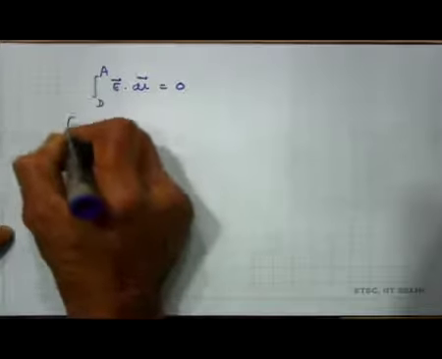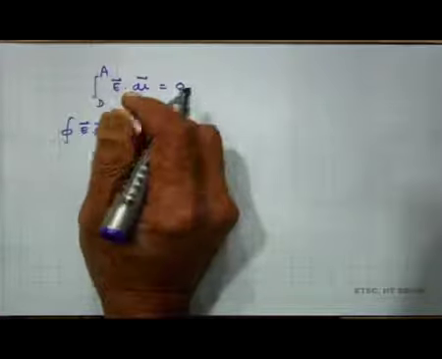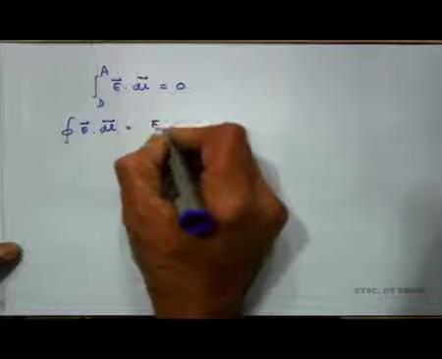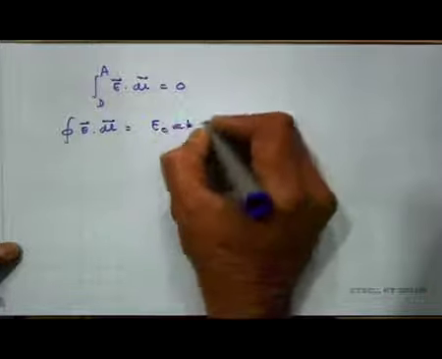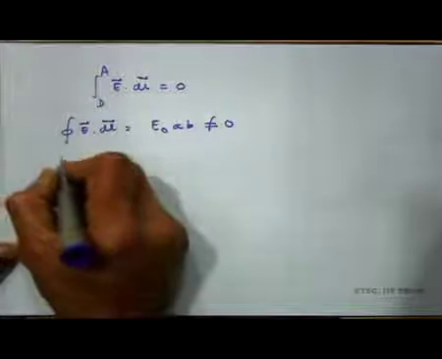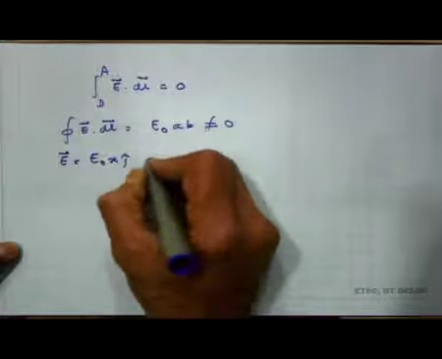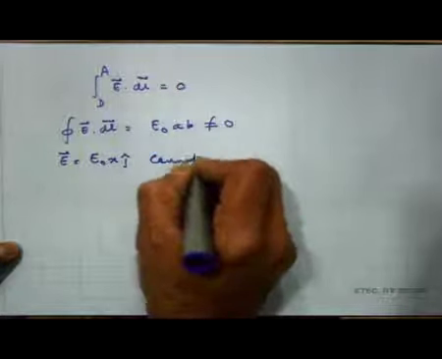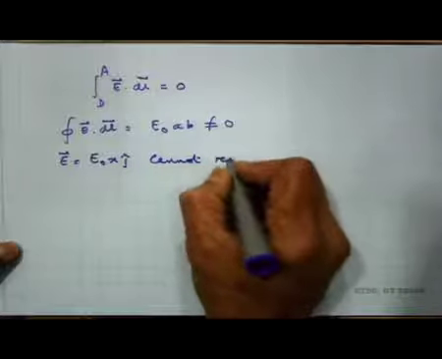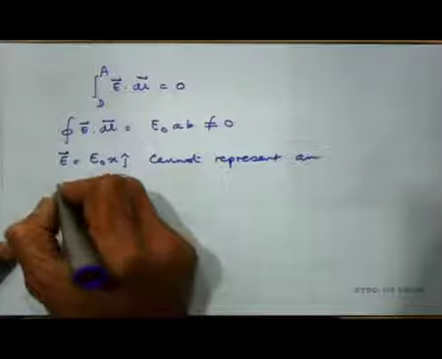So, what I have been able to show is that the integral of E dot dl for this vector field is nothing but E naught times a b, and this is not equal to 0. So, E equal to E naught x j cap cannot represent an electrostatic field.